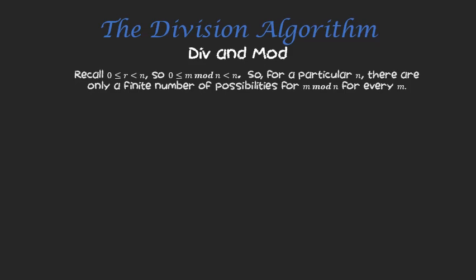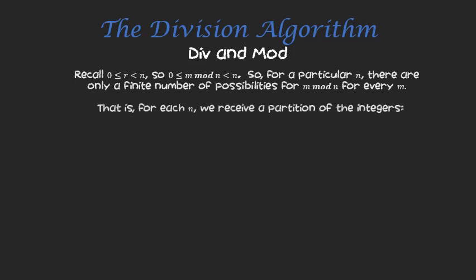So what this means is that for a particular fixed n, there are only finitely many possibilities for m mod n, right? R can only be between 0 and n. And that'll be true for any integer I give you. It'll split them into these categories based on what is m mod n.